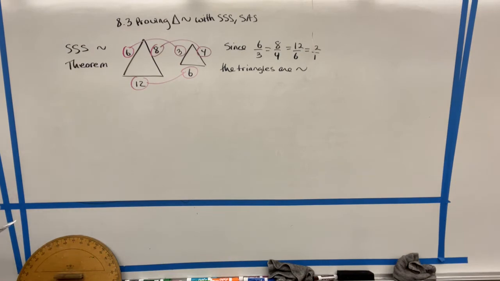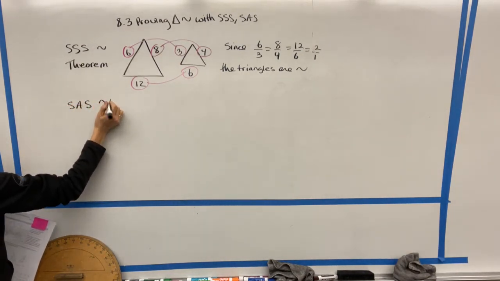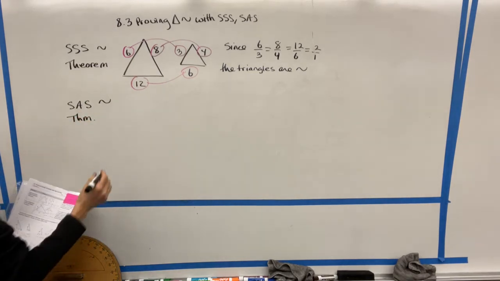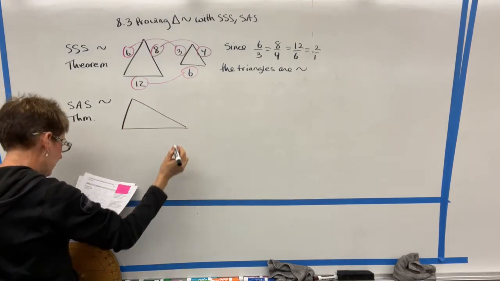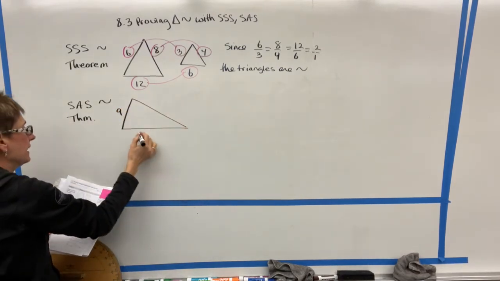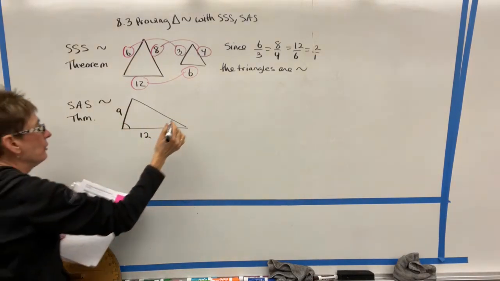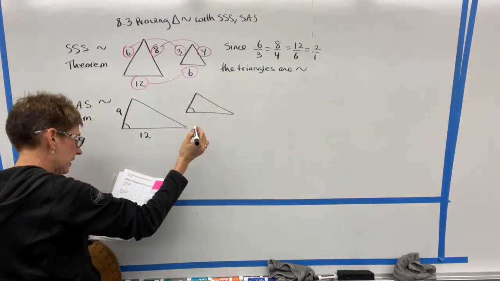Okay, now if we want to do the side angle side similarity theorem, it is kind of the same idea, but there's a little bit of a difference here in that we only need two sides and an angle. Notice, however, that the angle has to be what we call the included angle. It has to be between the two sides.